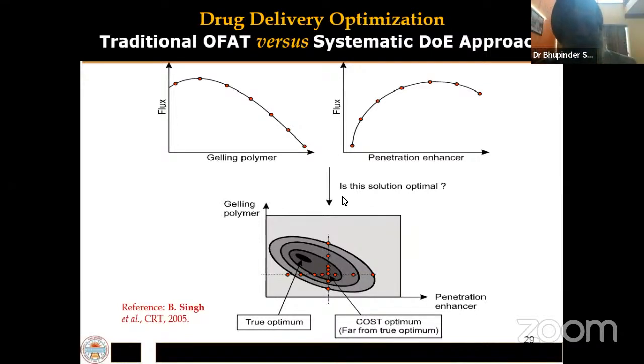The maximum flux was found at the second concentration, and we kept that concentration fixed, and the penetration enhancer concentration was changed, and the fifth point was found to yield the maximal flux.